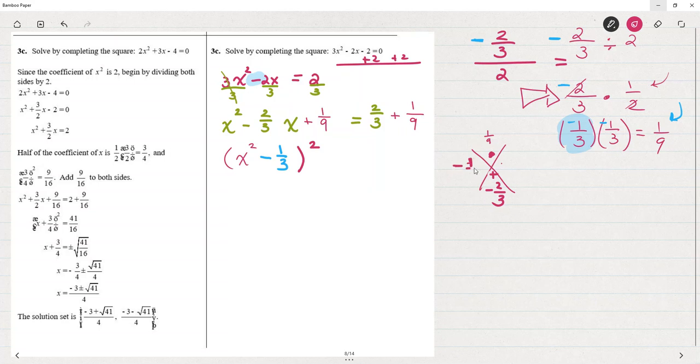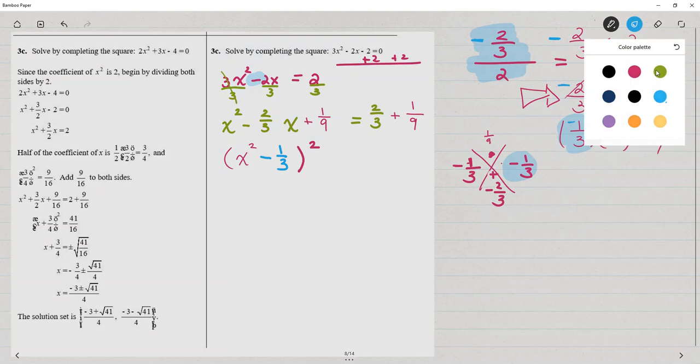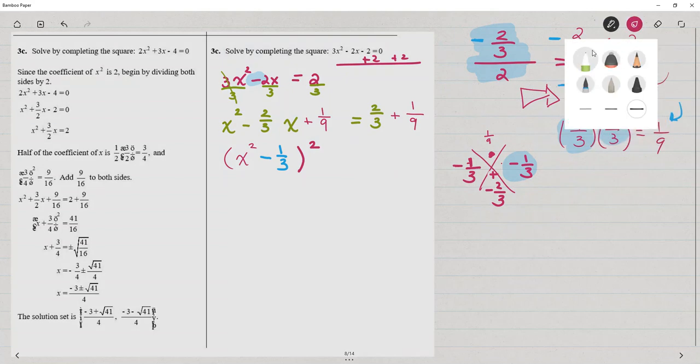And the answer was negative 1/3. What I was trying to demonstrate here is that negative 1/3 is what we got when we cut the negative 2/3 in half. And that always works out to be the missing factor.